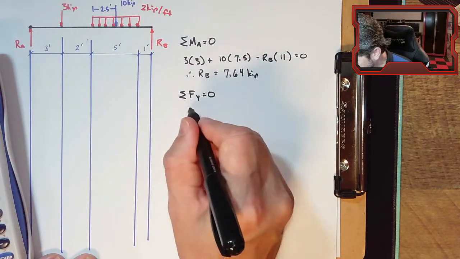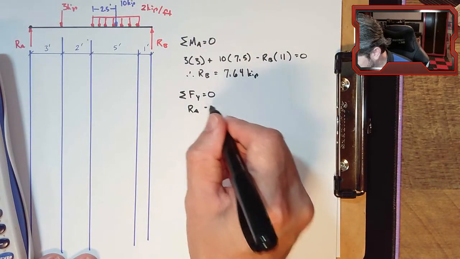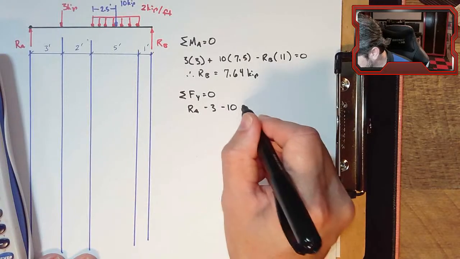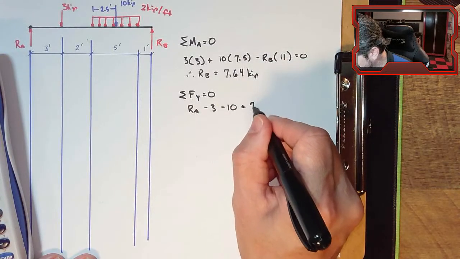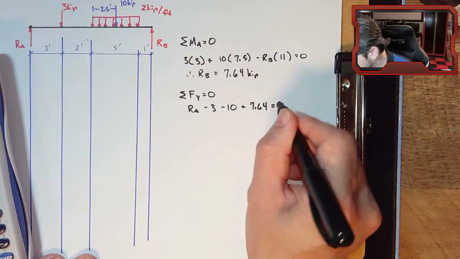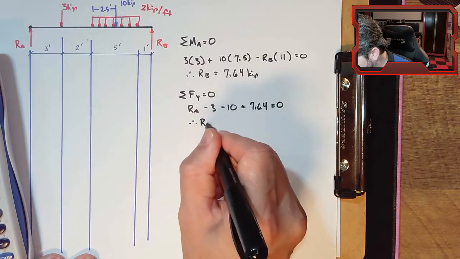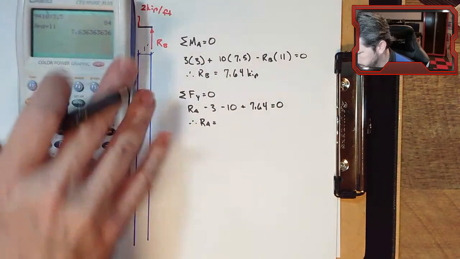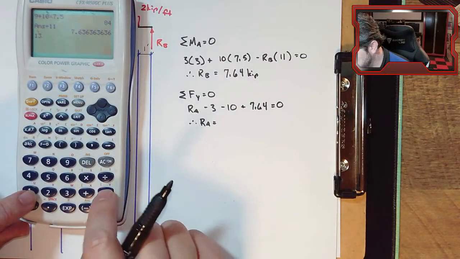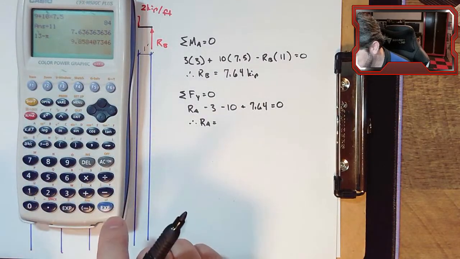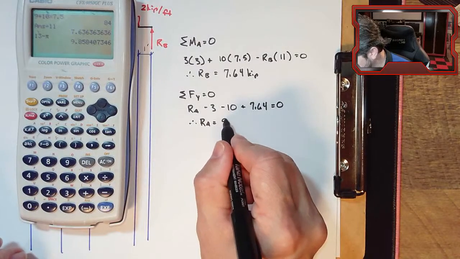So here I've got RA minus 3 minus 10 plus RB, which is 7.64, equals 0. Therefore RA is 13 minus 7.64.